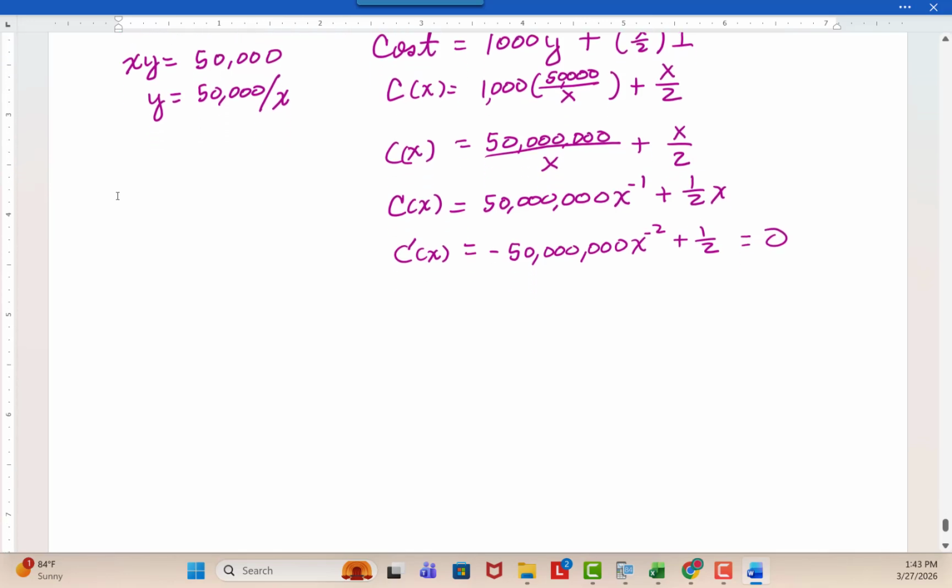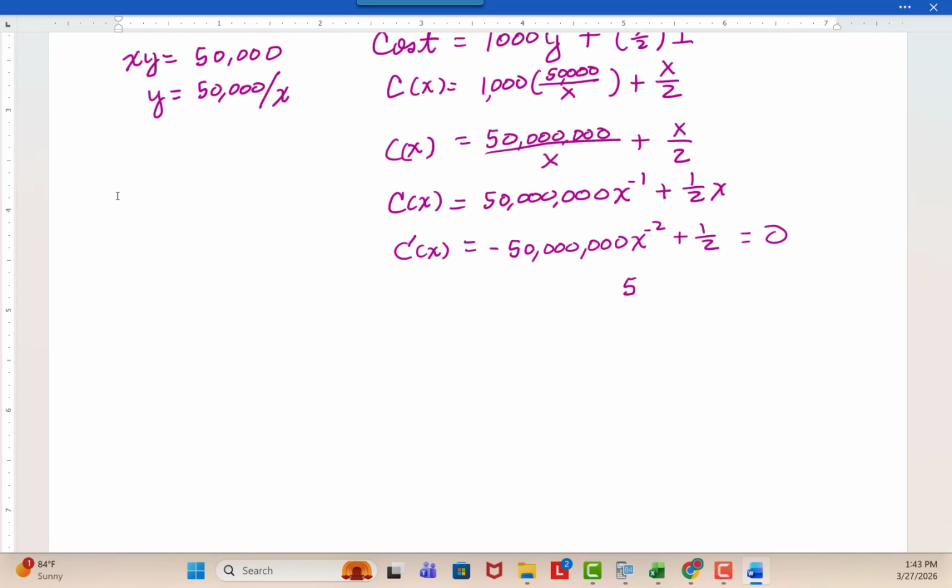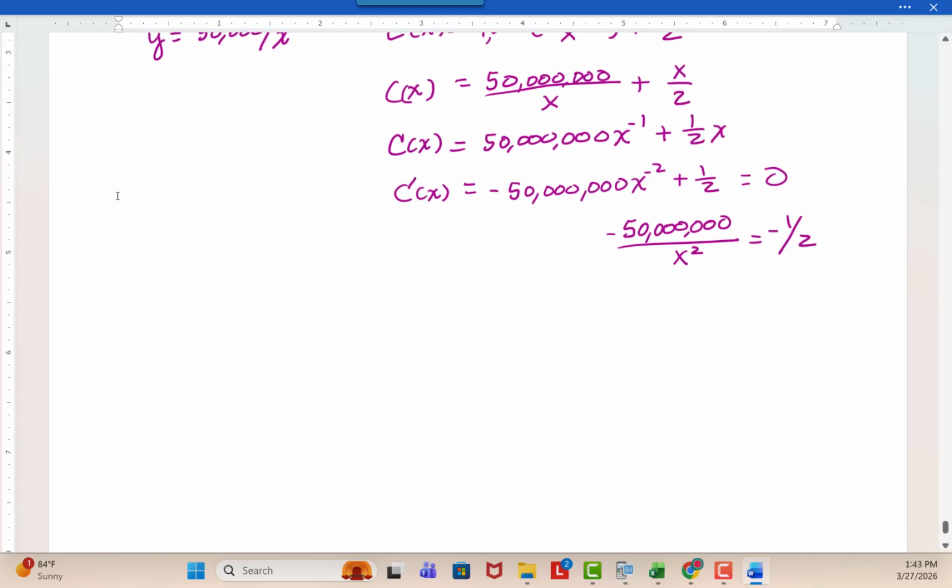So we're talking about negative 50 million over x squared equals negative 1/2, or x squared equals 100 million. And so x is going to equal 10,000.